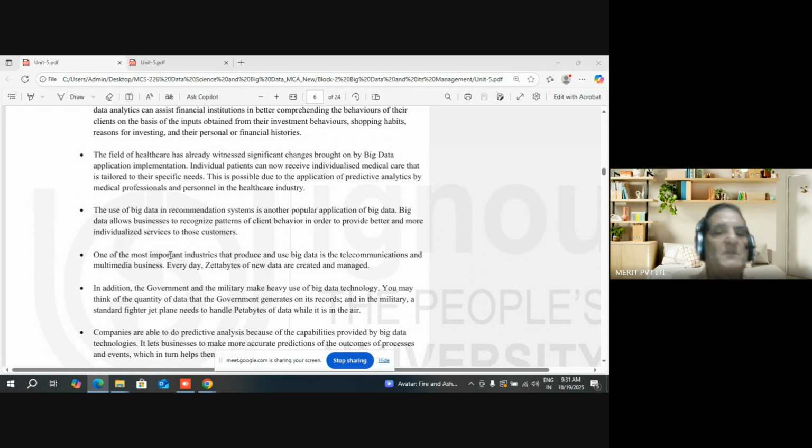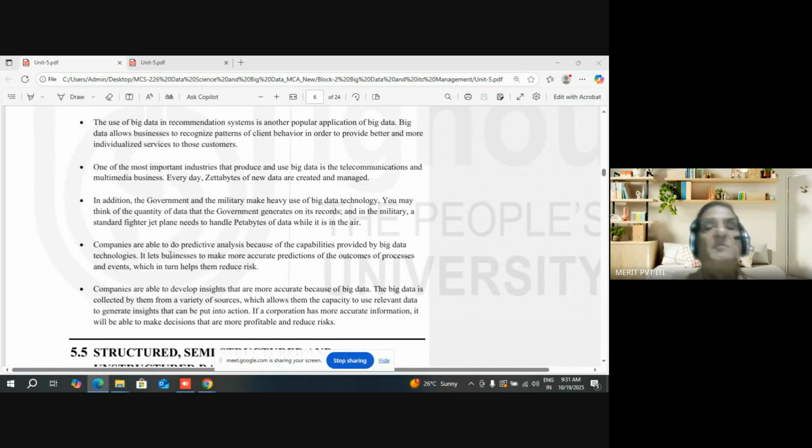One of the most important industries that produces and uses big data is the telecommunication and multimedia business. Every day, bytes of new data are created and managed. A zettabyte is about 10 to the power 21. So that type of data is being created. In addition, the government and military make heavy use of big data technology.